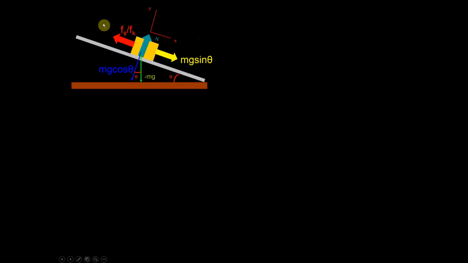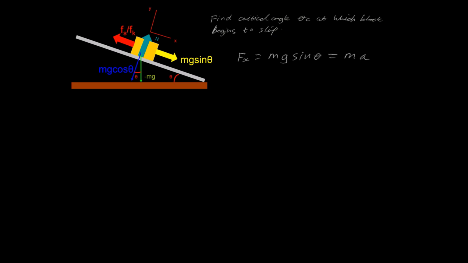So, here's our system that we just defined. Let's find the critical angle theta c at which this block begins to slip down the slope. First of all, as usual, let's define our forces in the x direction down the slope. Fx here will be mg sine theta, which of course we can always equal ma.